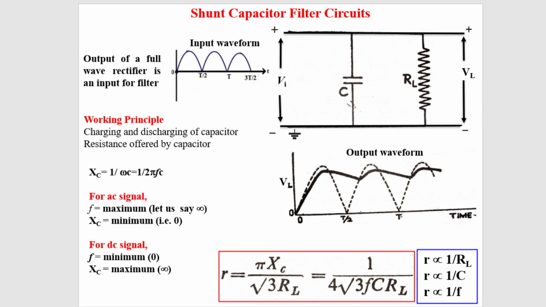So in order to understand why we require a shunt capacitor filter and why we require a series inductor filter, we have to understand that if you see the output of a full wave rectifier, that is unidirectional, but it is changing with respect to time, that there is variation.